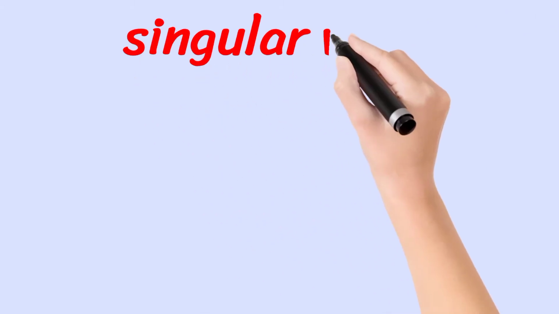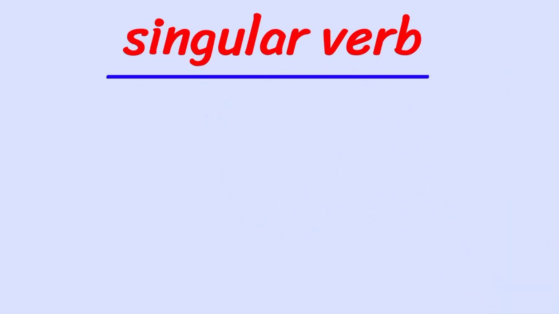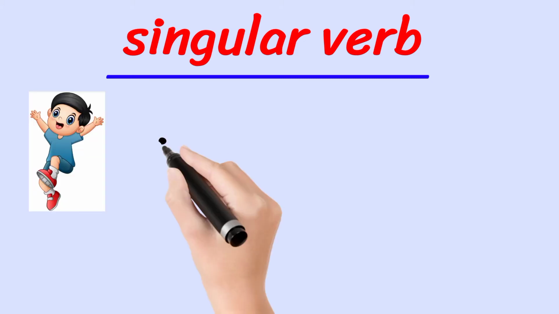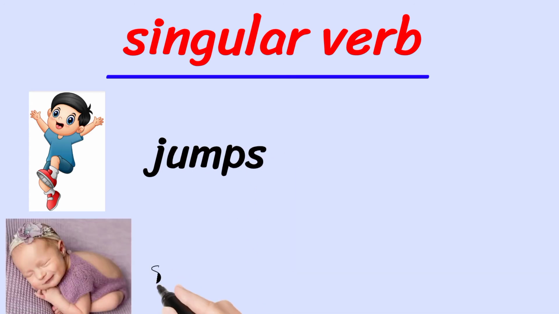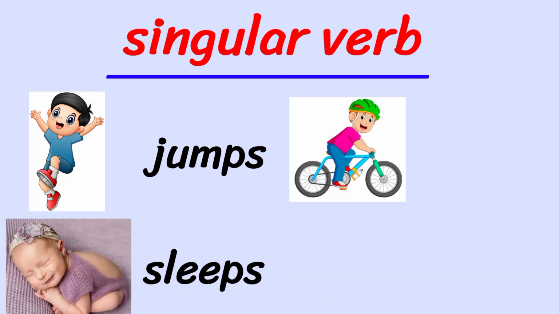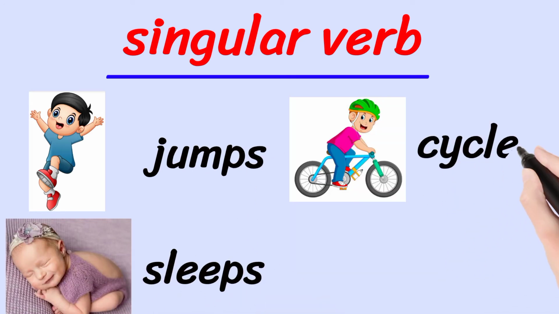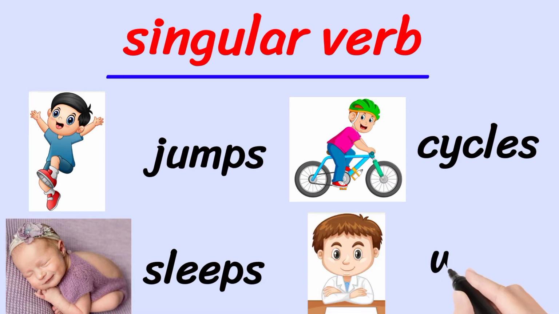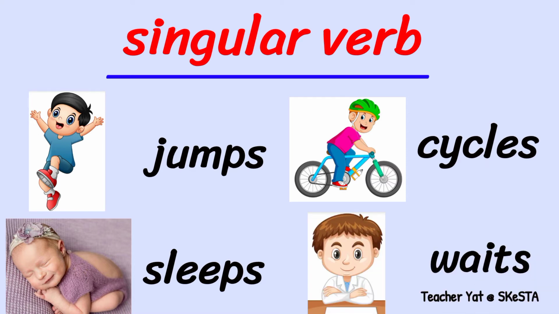Here's something really important to remember about a singular verb. A singular verb always has an S at the end of the verb. For example, jumps, sleeps, cycles, and waits.